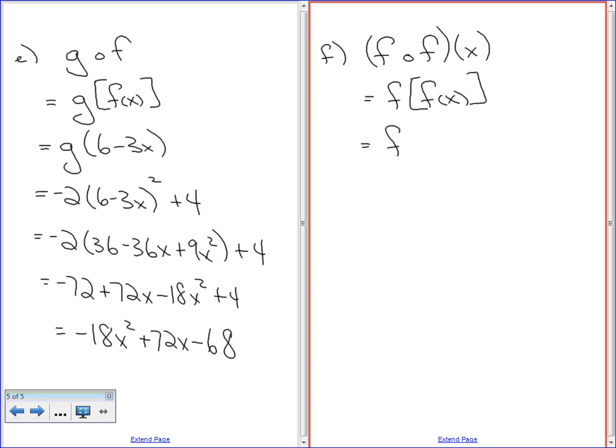So F evaluated at F of X by definition is 6 minus 3X. And then you're taking what's inside of the bracket, substituting it into the f function everywhere you see an x. So it becomes 6 minus 3, but instead of writing x, you're writing down what's inside of the bracket.